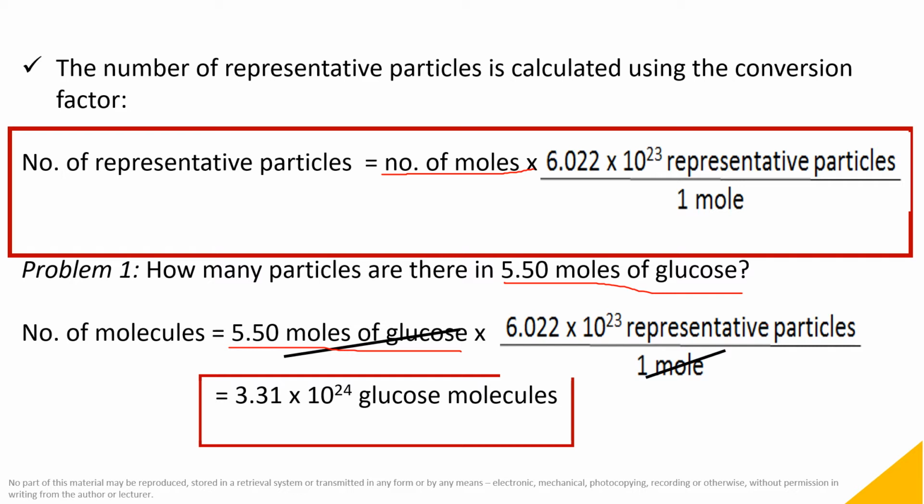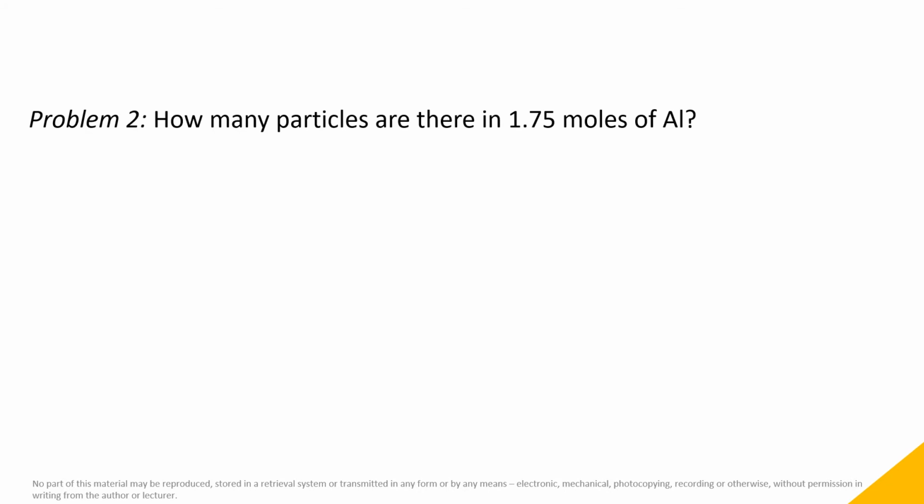Now, let's have another example. How many particles are there in 1.75 moles of aluminum? The first thing that we have to do is to determine what is the representative particle. Since aluminum is not a diatomic molecule, the representative particles are atoms.